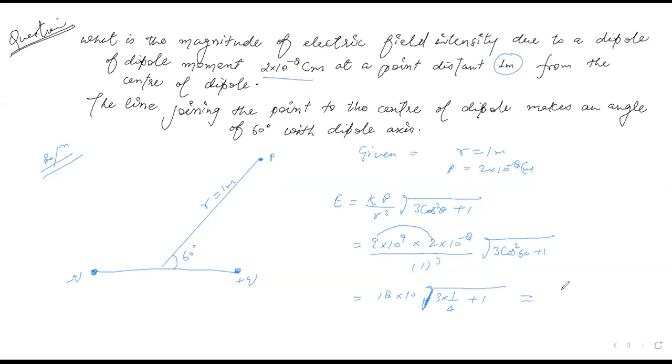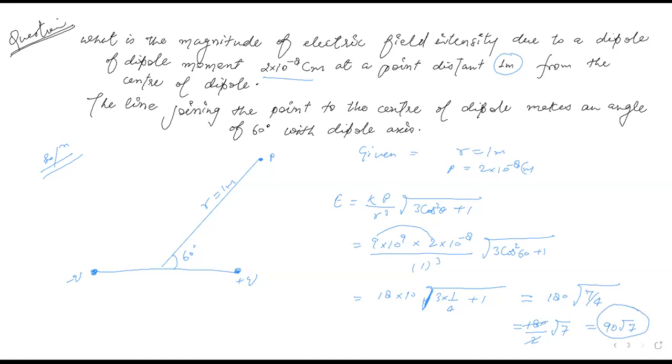Hence, 18 into 10 will be 180, and the root will be 7 by 4, so you can take 4 outside as 2. 180 over 2 root of 7, and after cancelling, finally it will be 90 root of 7. This is your final answer.